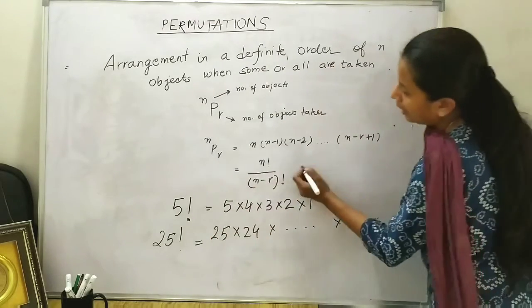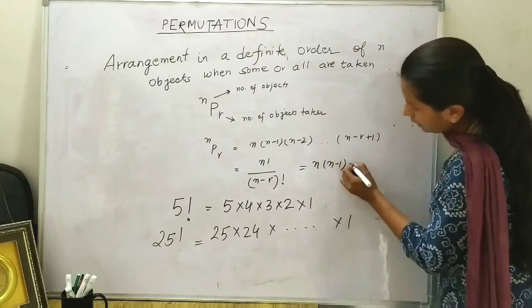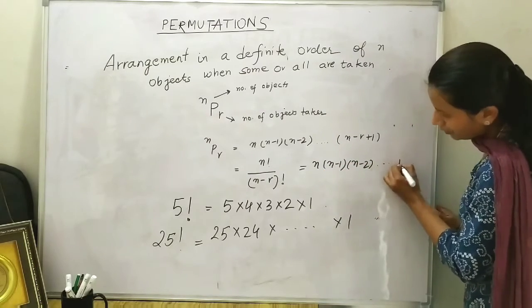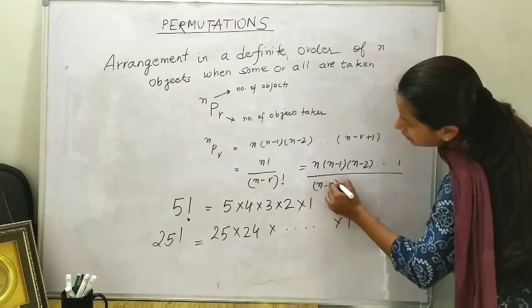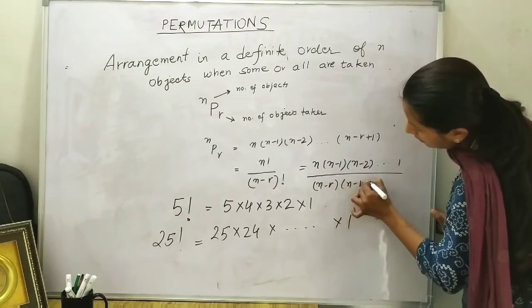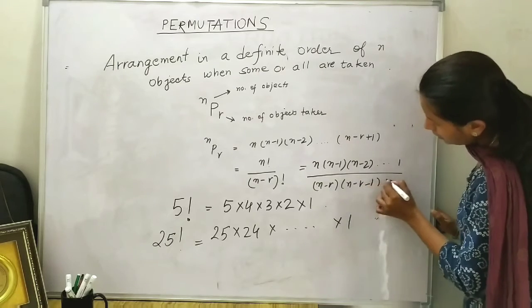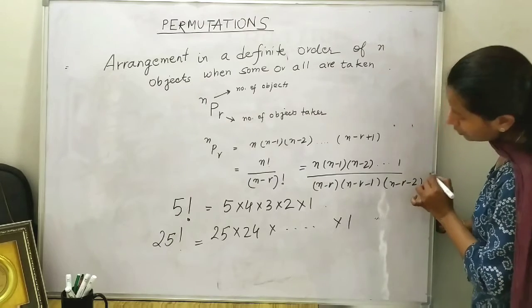And now if we write n factorial, we have n, n minus 1, n minus 2 up to 1 upon n minus r, n minus r minus 1, n minus r minus 2, and so on up to 1.